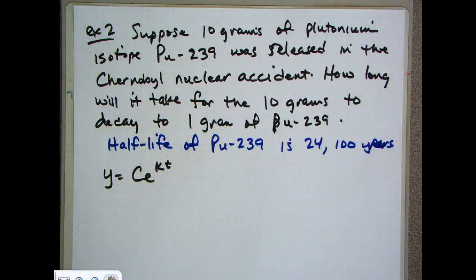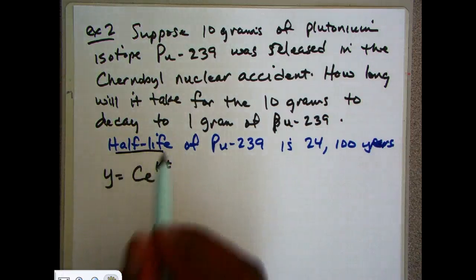Alright, so we're going to start off with our exponential growth and decay formula, Y equals CE to the KT. Now, very key word here with the information that's given to us is half-life.